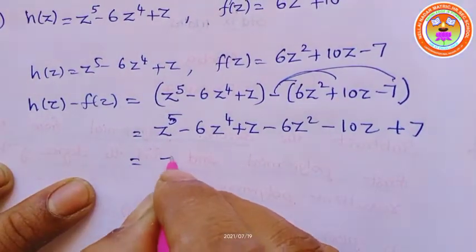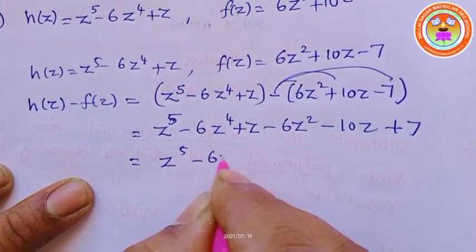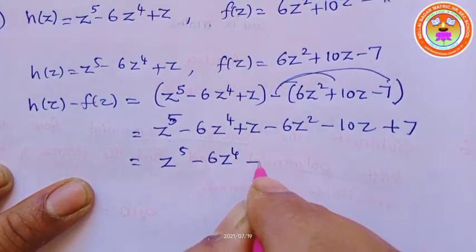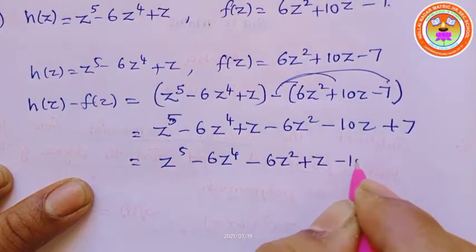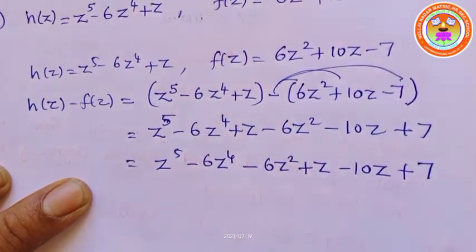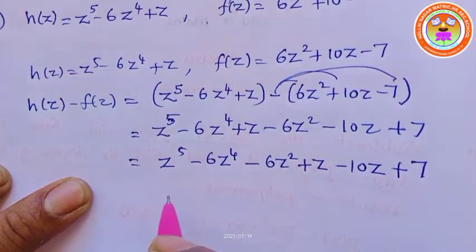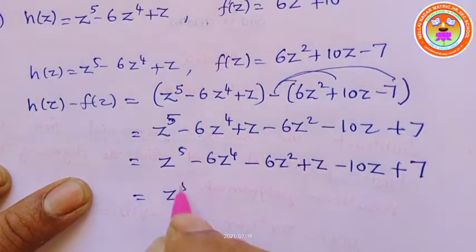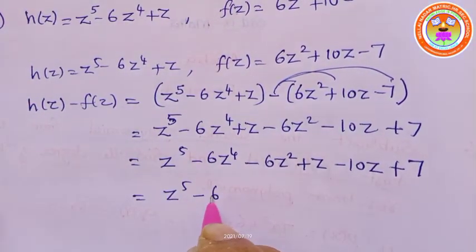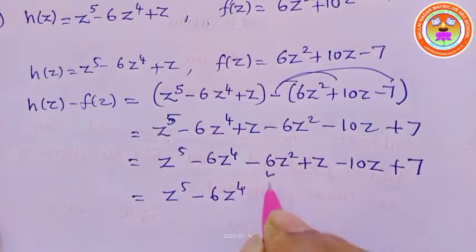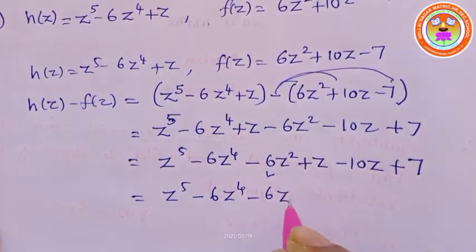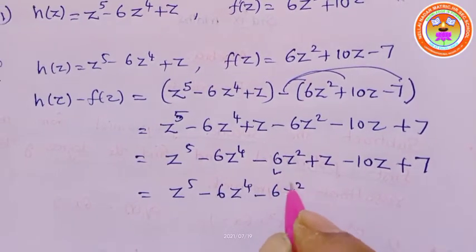So z power 5 minus 6z power 4 minus 6z squared plus z minus 10z plus 7. It's clear, students? Now z power 5 minus 6z power 4. So minus 6z squared, because z cube is not there.